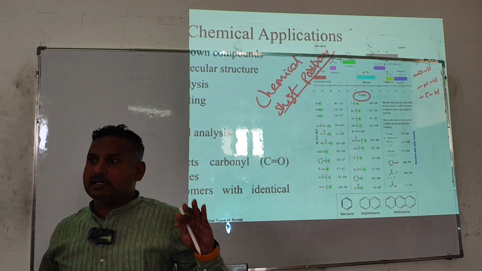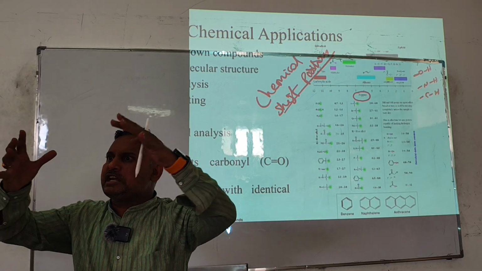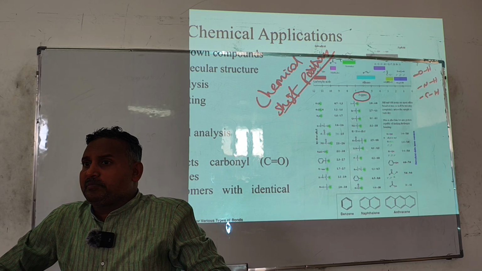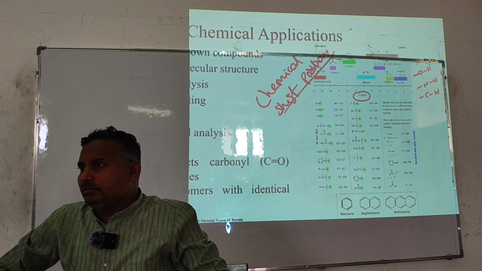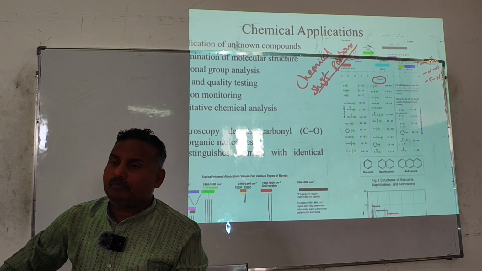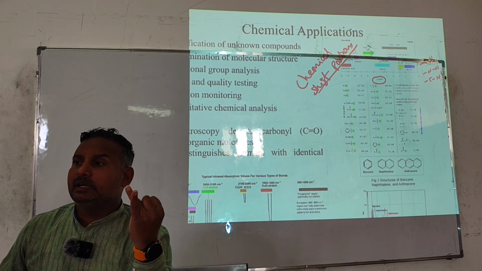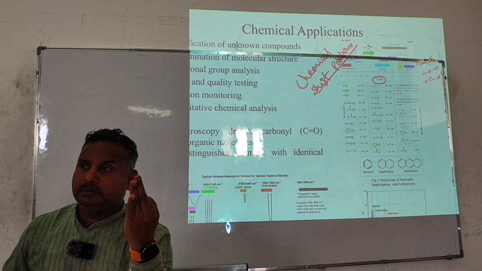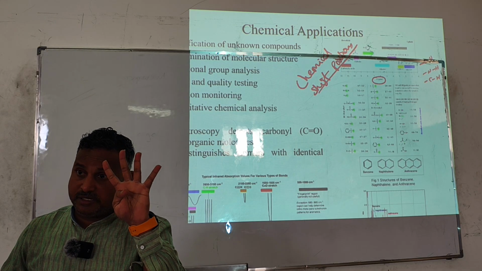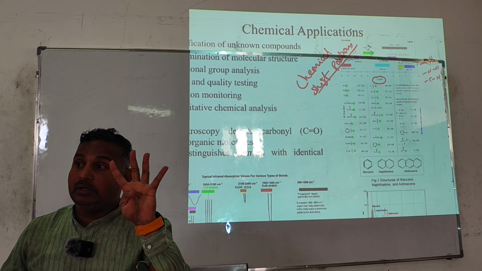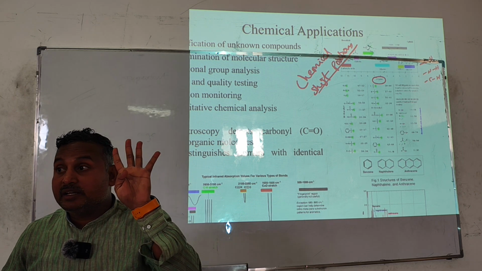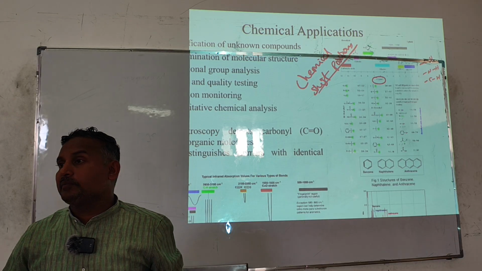This is NMR data. Similarly, we also have IR data. IR data is very big, with many IR frequencies. So this way, UV visible, IR, NMR, mass. These four spectroscopies are highly useful for organic chemistry research.